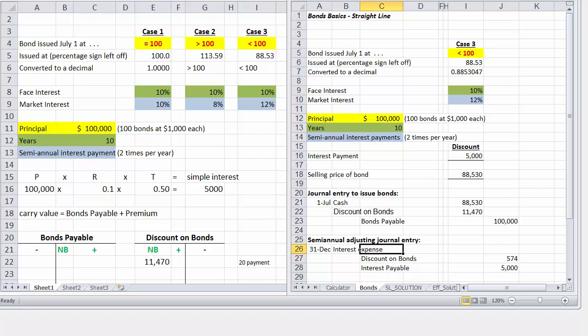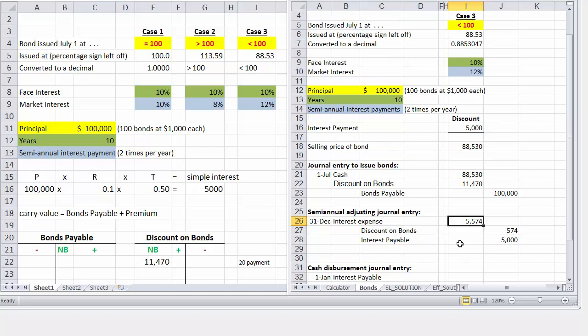And that will make our interest expense actually more than the $5,000, because we have to make up for the fact that we didn't receive the full face amount at the very beginning. So when you have a bond at a discount, your interest expense is actually going to be a little bit more than the actual interest payment.